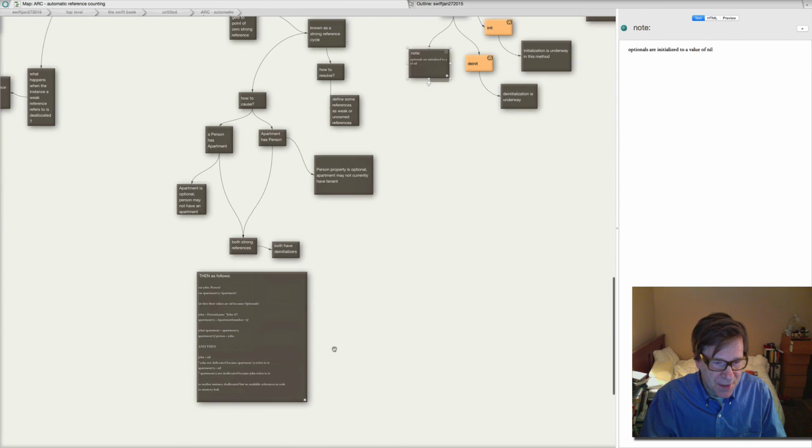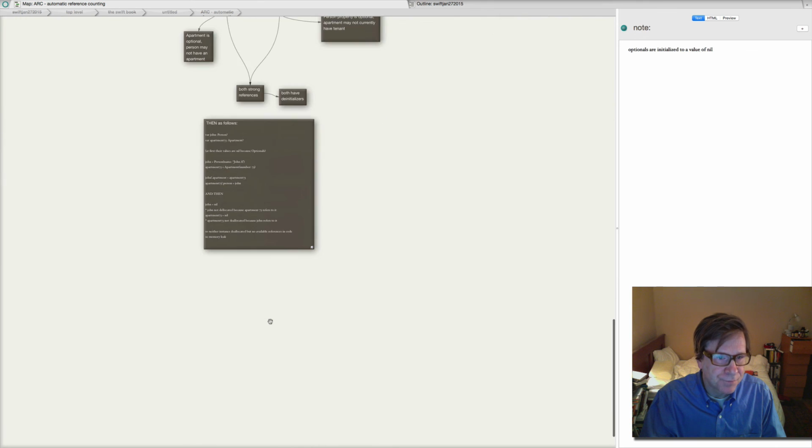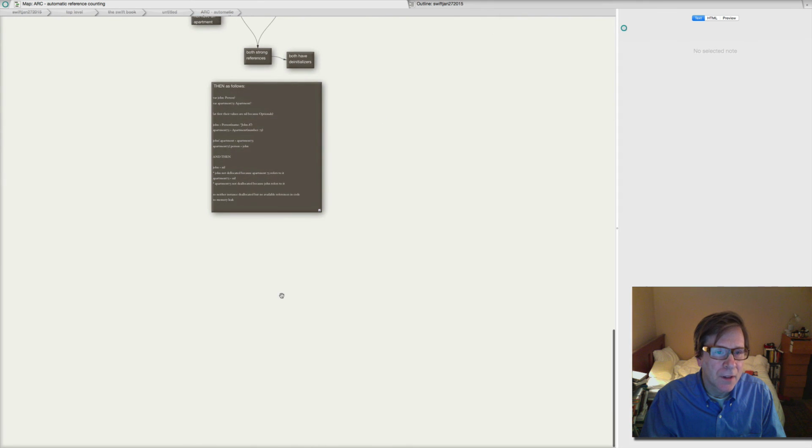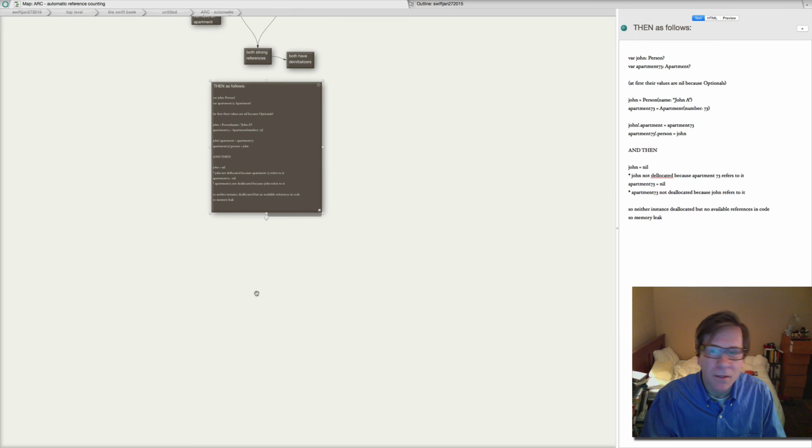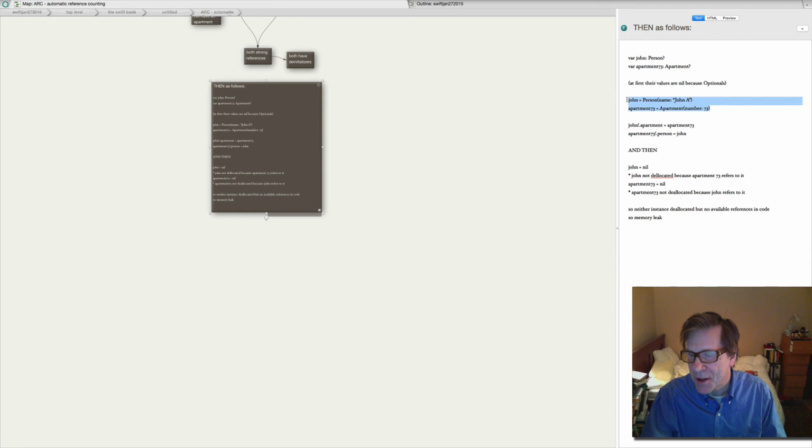And I just list the details of this here. If you have John and apartment 73 both defined as optional variables, at first they're nil because they're optionals. Then you assign instances, and you assign to each one their initial values.